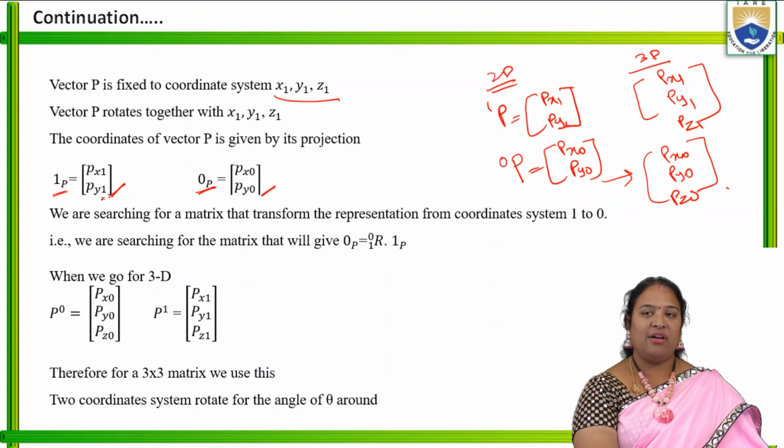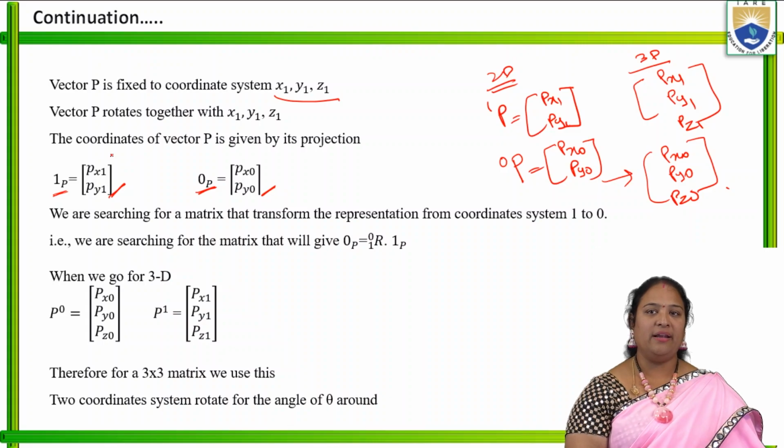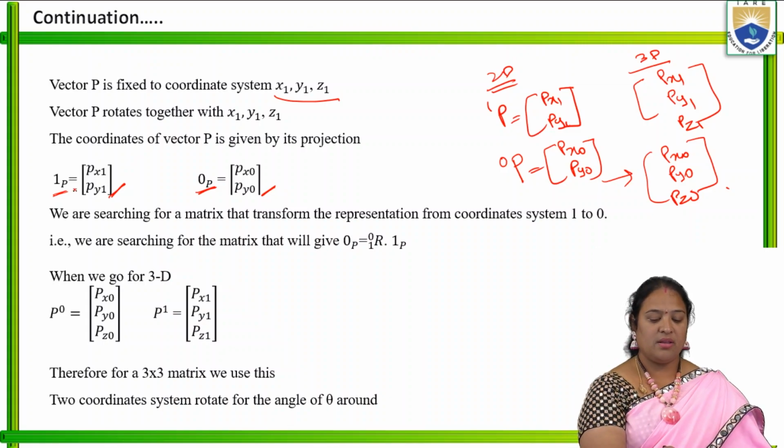in px1, py1, pz1 form, that is, in the form of a matrix. That is, the coordinates of the vector p are given by its projection on frame 1. When we are considering the projection for frame 1, it is given as px1, py1, pz1.